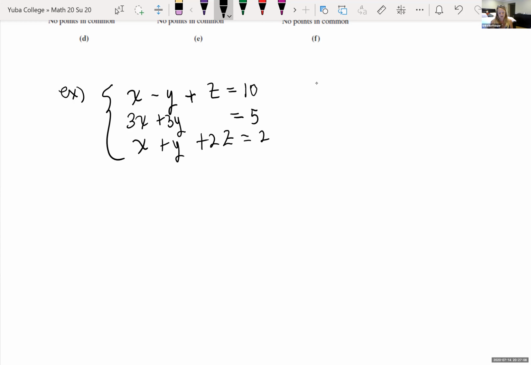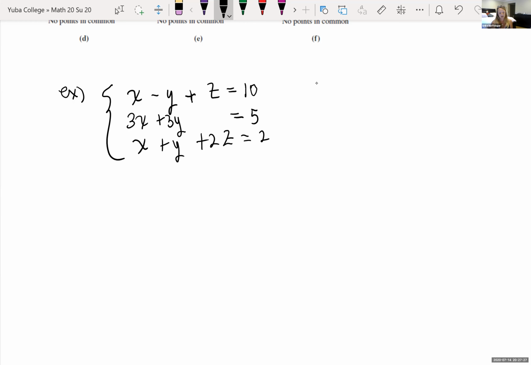Once you have your system of equations, before we can put this in what is called a matrix, you want to make sure that all of your x variables line up, all your y variables line up vertically, then z, and then you have an equal sign and all your constants are on the other side.